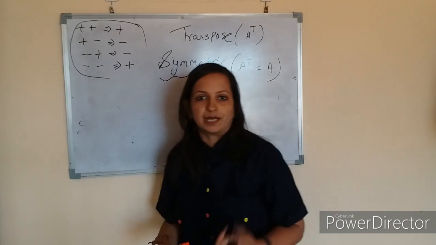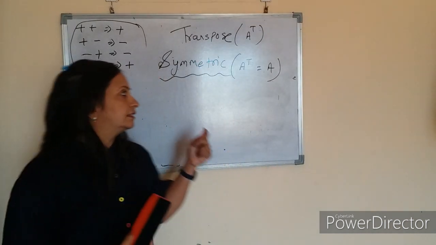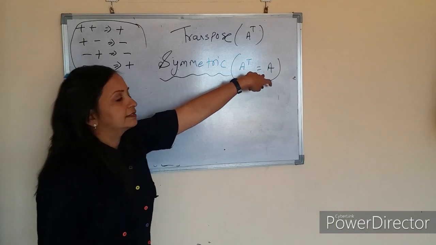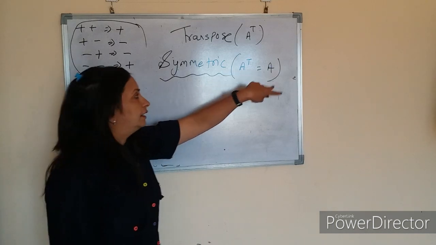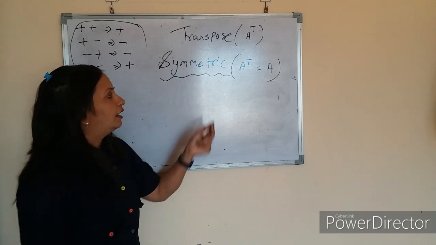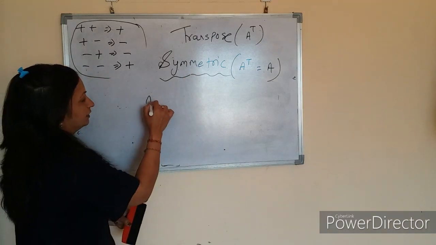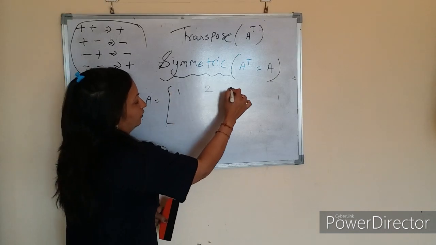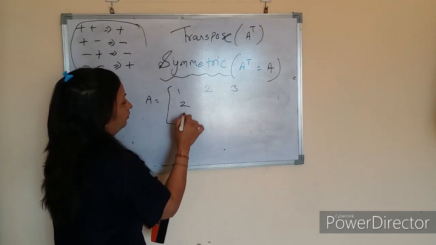The definition of a symmetric matrix says that if I transpose a matrix, A transpose, which I just discussed with you, and I get the same matrix as A, then the matrix is called a symmetric matrix. How is it possible? Let's take an example.